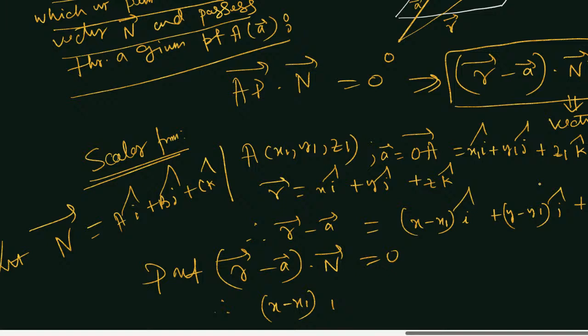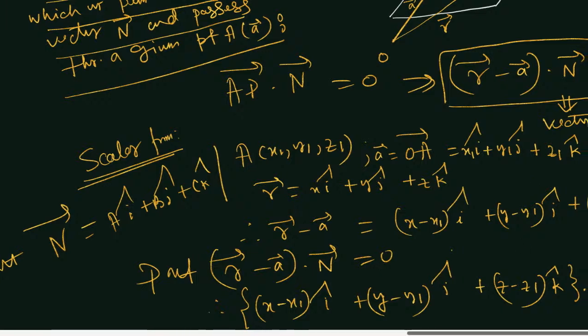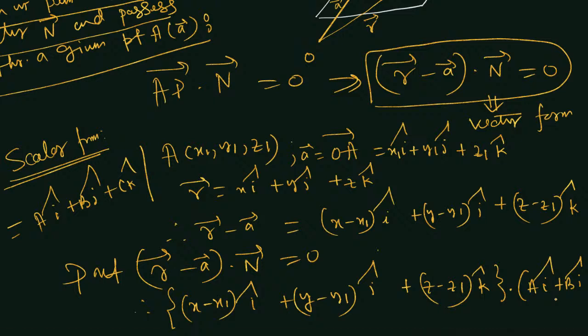So x minus x1 i, y minus y1 j, plus z minus z1 k, dot ai plus bj plus ck equal to 0.